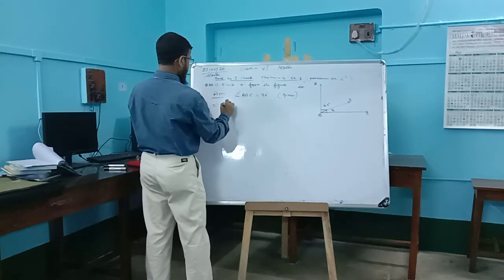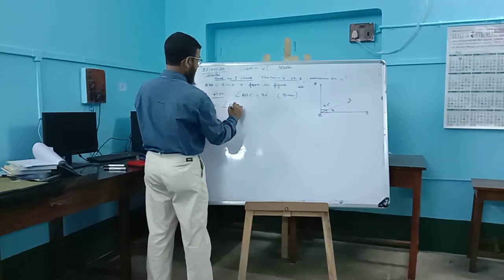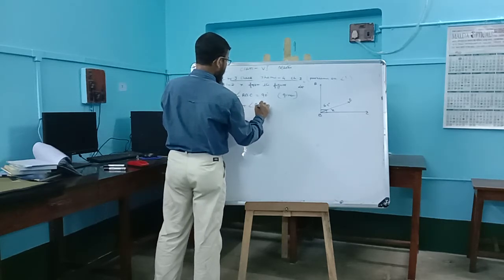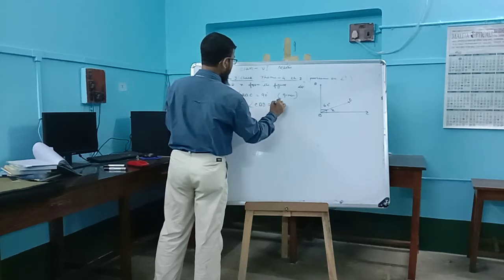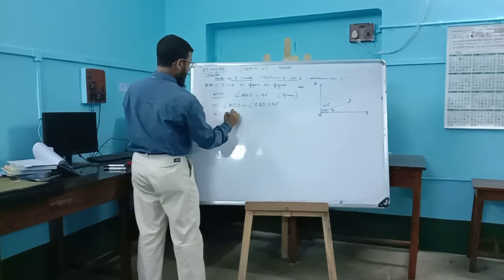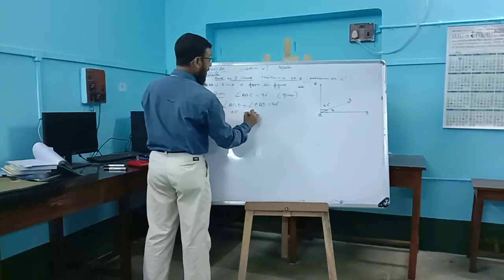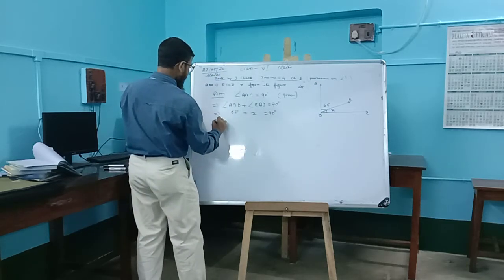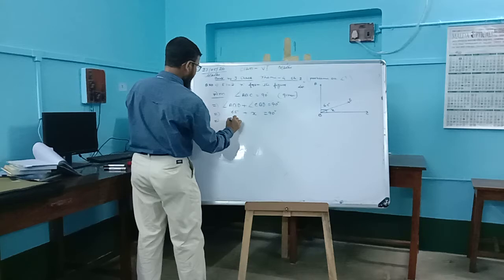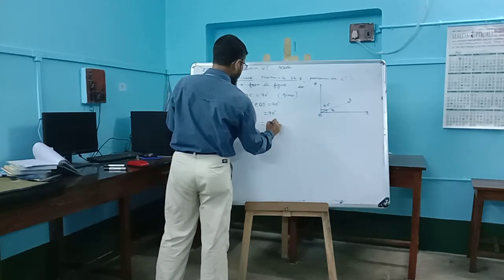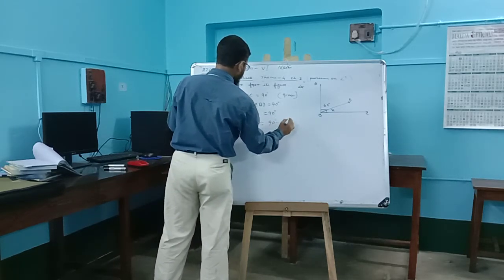This implies angle ABD plus angle CBD equal to 90 degrees. This implies 65 degrees plus x equal to 90 degrees. This implies 65 degrees plus x minus 65 degrees equal to 90 degrees minus 65 degrees.